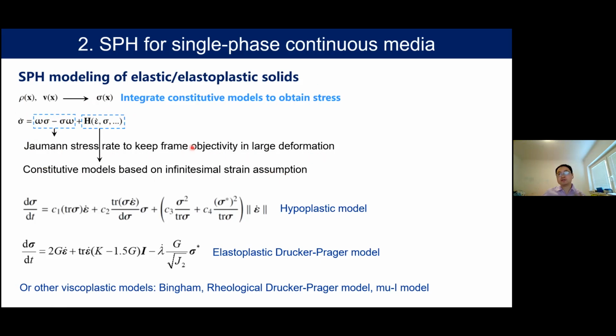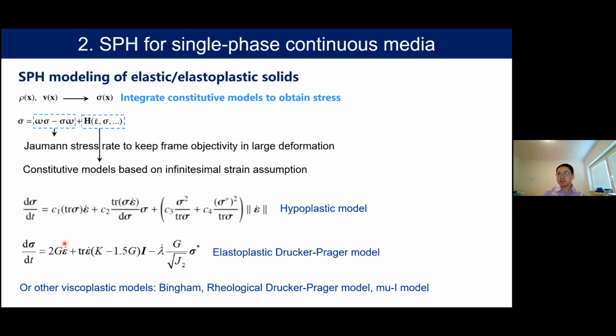And in geomaterials, we usually use two kinds of constitutive models. One is the hypoplastic model, and the second is the elastoplastic Drucker-Prager model. Both of these two models can sufficiently model the deformation of geomaterials, which are very different from metals or water, because they have pressure dependency.